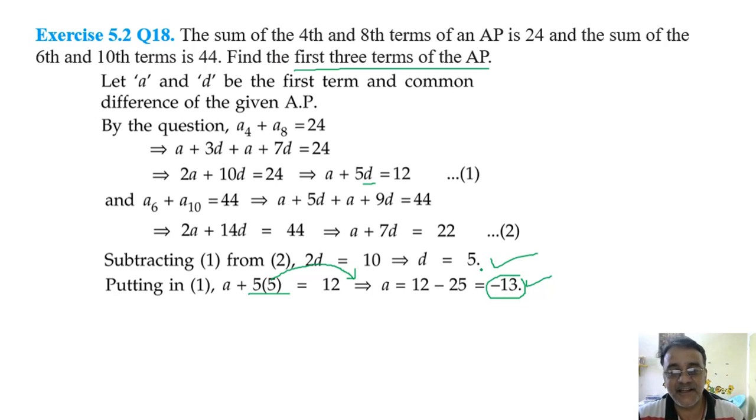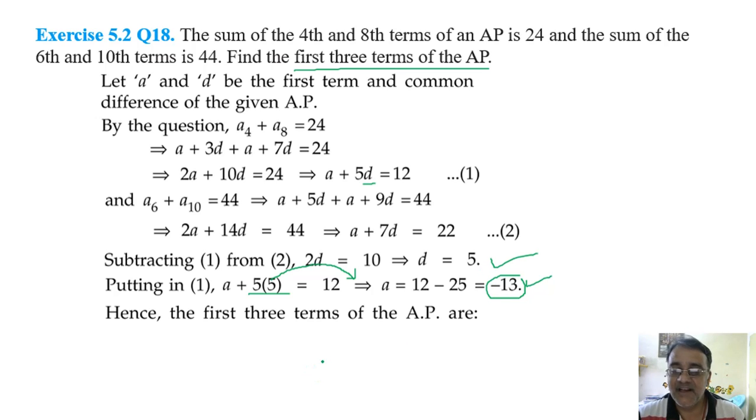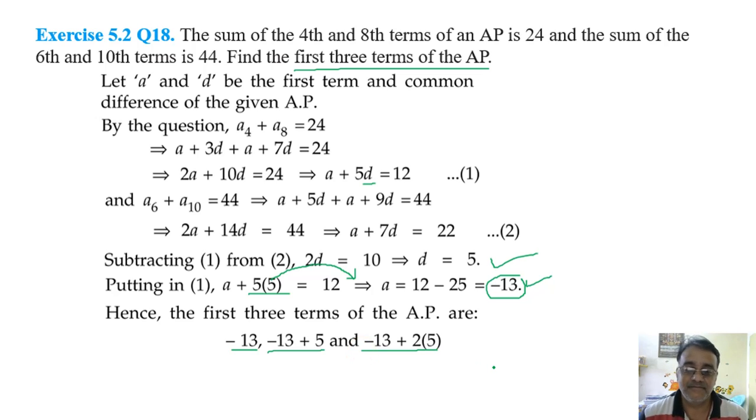Second term is minus 13 plus 5, and the third term is minus 13 plus 5 plus 5, that is 2 times 5. So this will become minus 8, and this will become minus 3. So minus 13, minus 8 and minus 3 are the required first 3 terms of the AP.